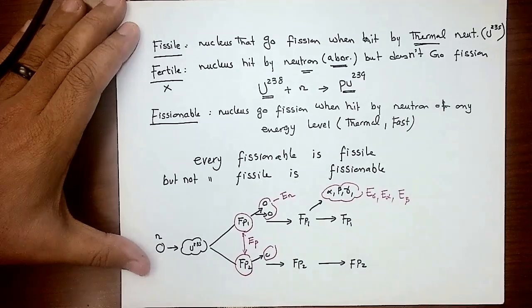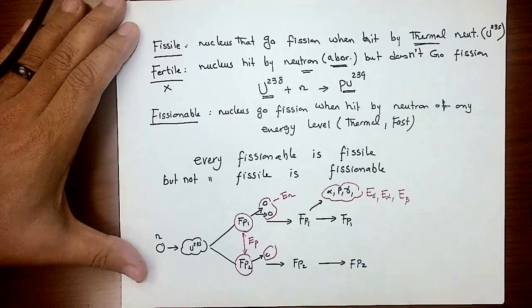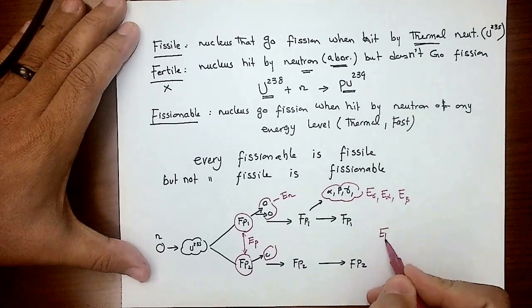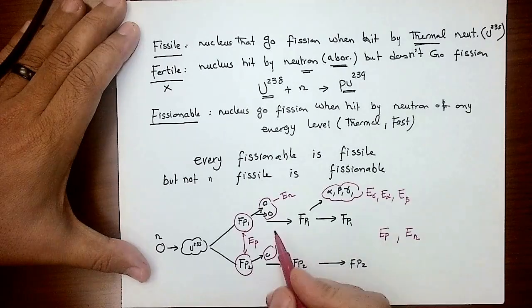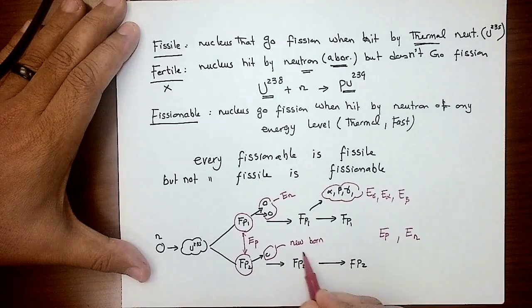But let's look at the categories here. We have energy with the fission product. We have energy with the neutrons. And by the way, these are called the newborn neutrons.